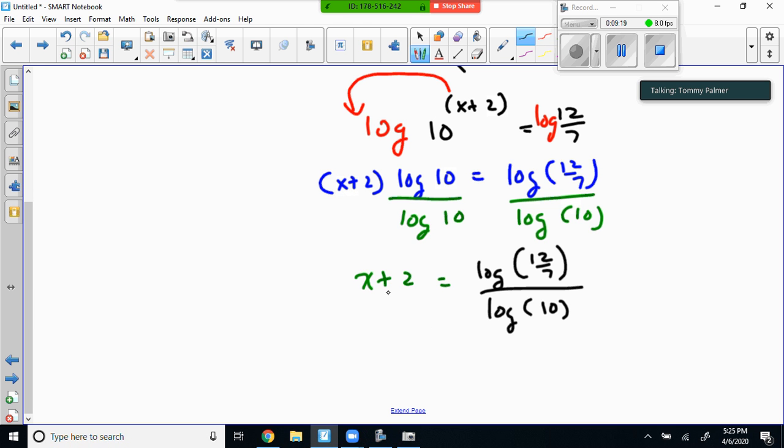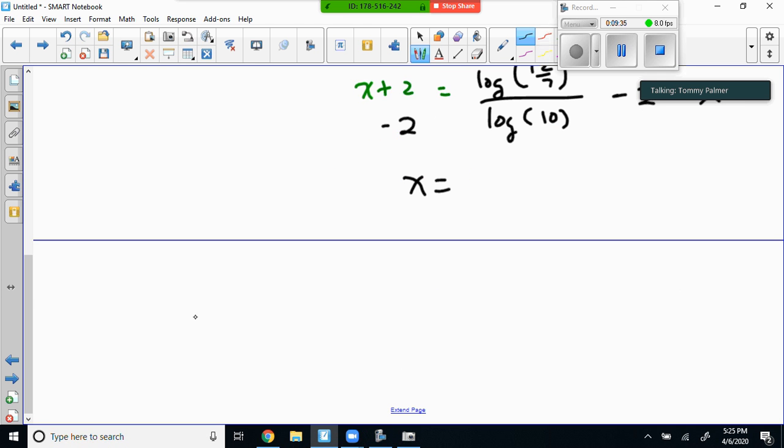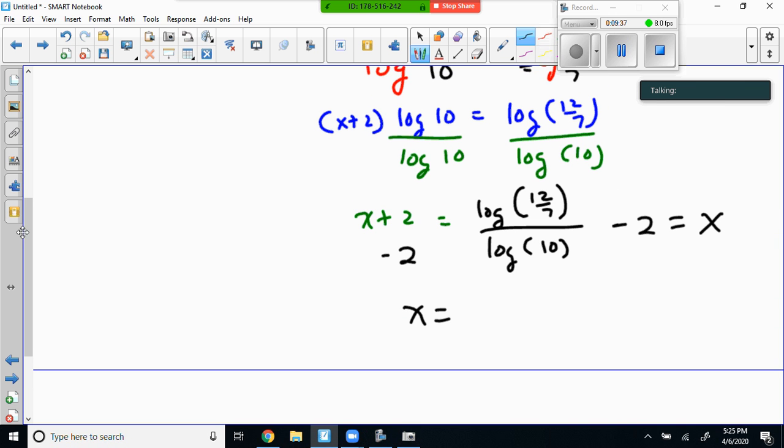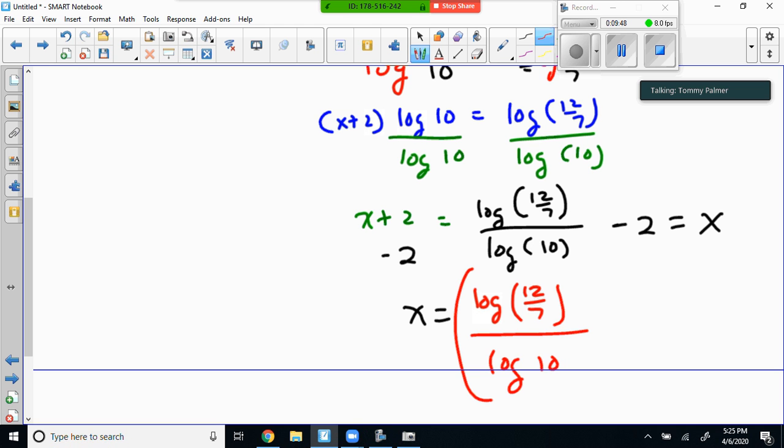Well, if I want to solve for x, guys, all I have to do is minus 2. So I would do all of this minus 2. That would be what x equals. So x would be equal to the log, we'll put this in big parentheses, 12 over 7, over log of 10, then minus 2. So that's really how that problem would work out.